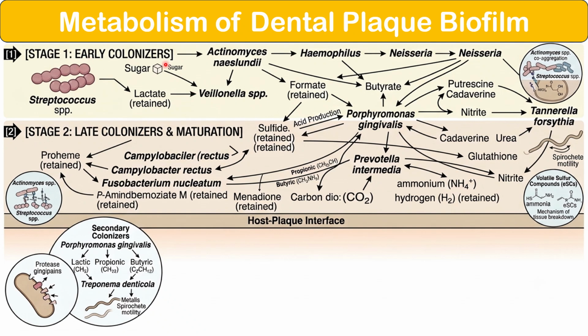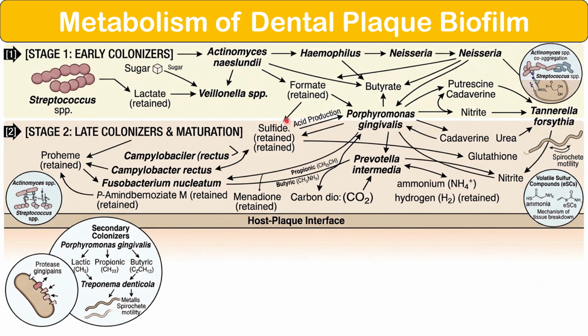During the early stage, the primary colonizers such as Streptococcus species, Actinomyces, and Veillonella species metabolize the dietary sugar and produce metabolites such as lactate and fumarate. Instead of being wasted, these metabolites are utilized by other bacteria within the biofilm.